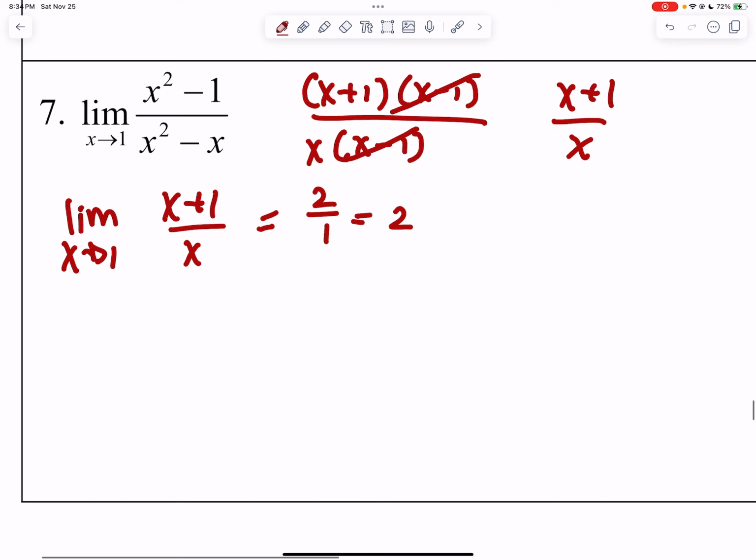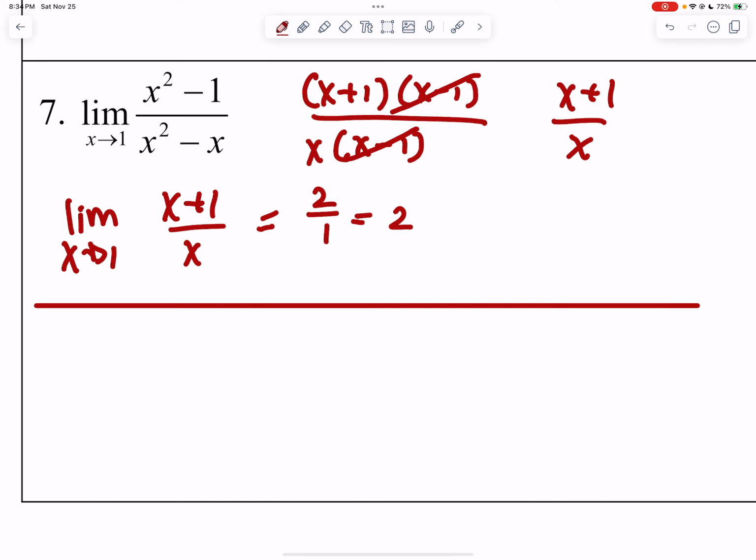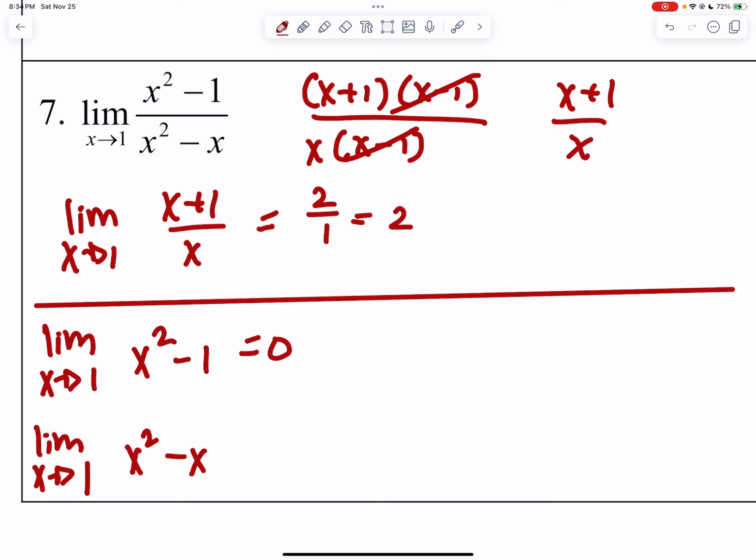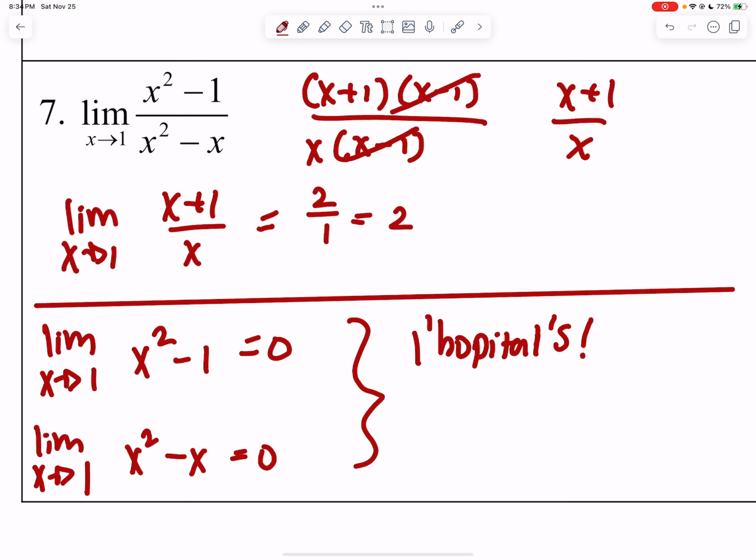And now, if you choose to go the L'Hopital's route, which honestly I would not encourage you to do because factoring was easy peasy lemon squeezy, go ahead and show that your numerator and your denominator both approach 0 or infinity. And then L'Hopital's.